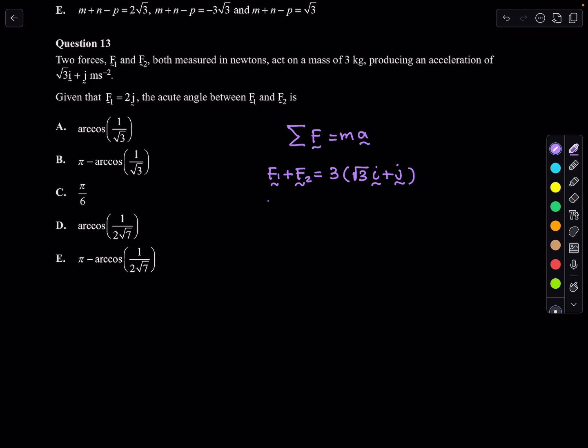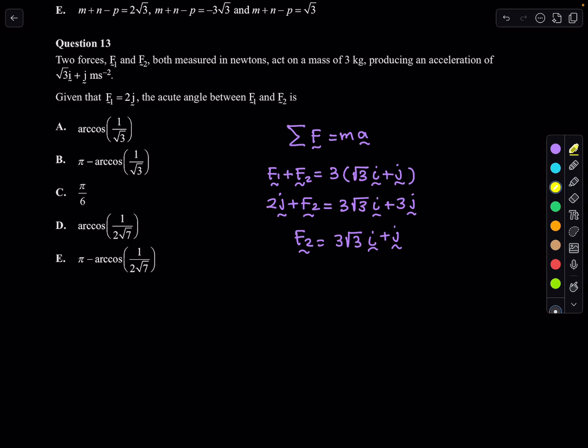Well, we know F1 is 2j, and we're trying to find F2 in this case. So F2, expanding this, we get the vector F2 is going to be 3 root 3i plus j. So we also have now the force 2, like the actual equation, which is great.